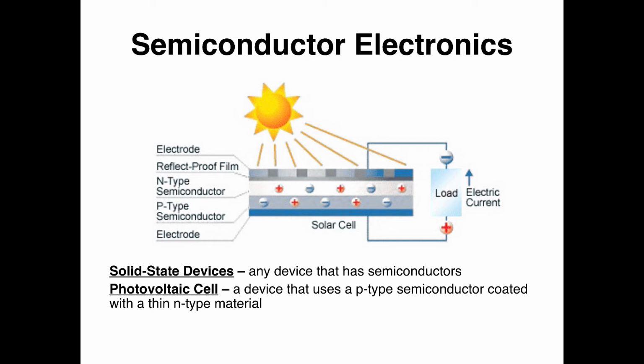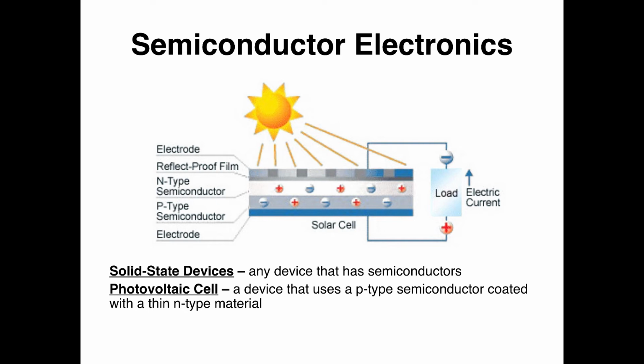There's a film to reflect this, and then you have an N-type semiconductor, under which is a P-type semiconductor, which makes the flow of electricity go down toward the bottom of the slide as opposed to being in both directions. And then it's collected by the electrode at the bottom, and then the flow of electricity goes into the load, which is anything in your house that runs on electricity.